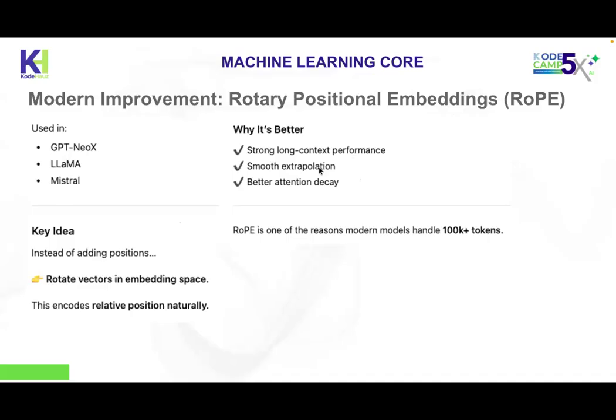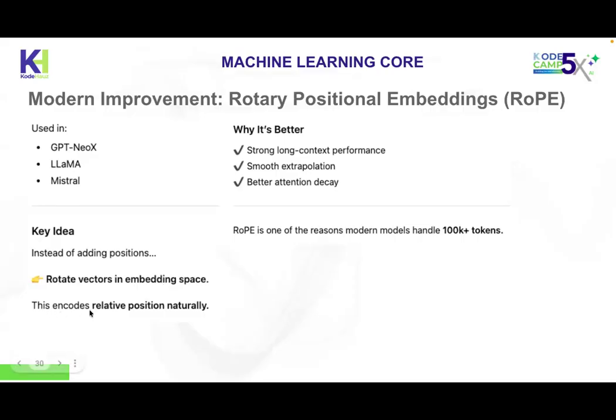What this does is that it helps to basically increase the context length and helps transformers to handle longer context length, right? You can see it's used in a lot of the GPTs, GPT-NeoX, Llama, Mistral, right? The whole idea is to rotate the vectors in embedding space. Okay, so that's what RoPE does, unlike just doing a sinusoidal thing.